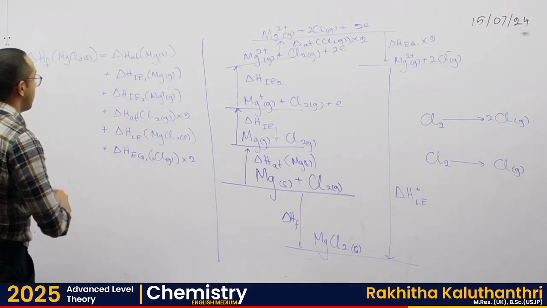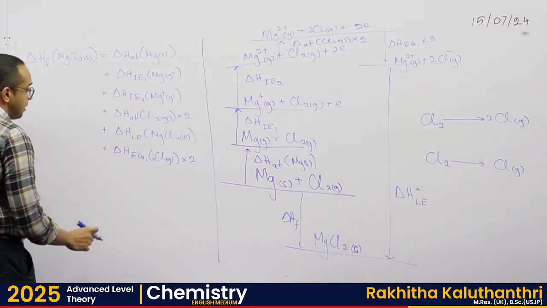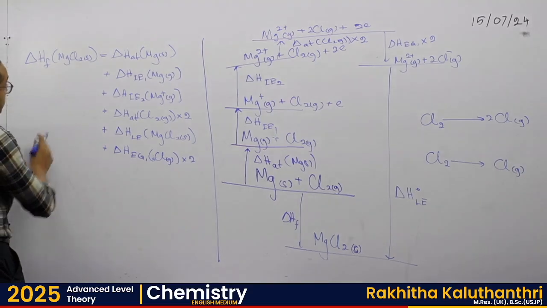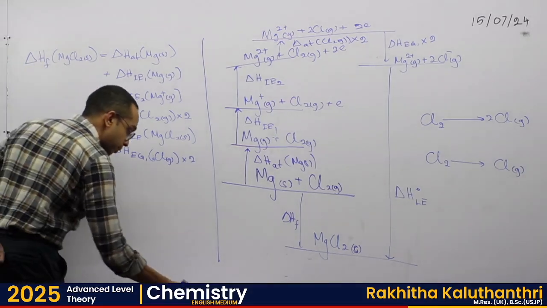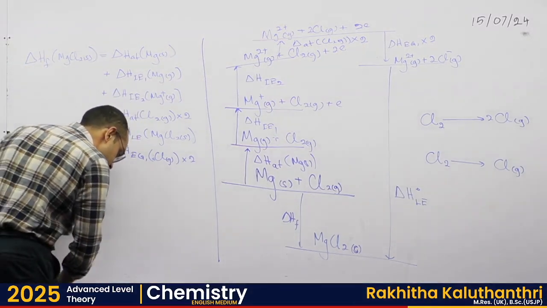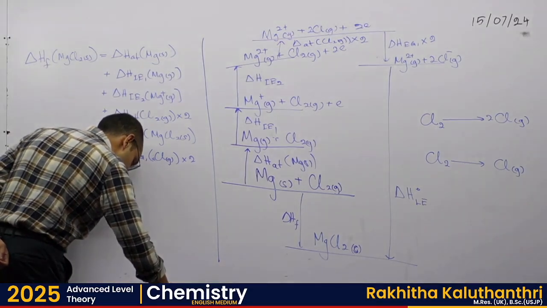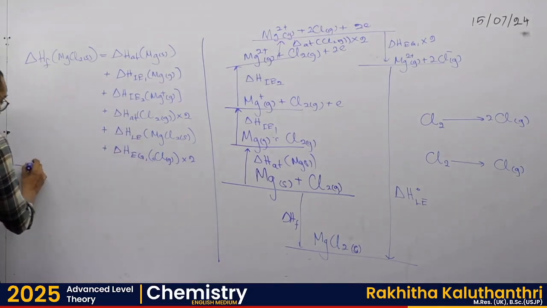Now you are done with writing this as a cycle. You can substitute the values. So when you substitute the values, delta HF, the formation enthalpy of magnesium chloride, is minus 641.